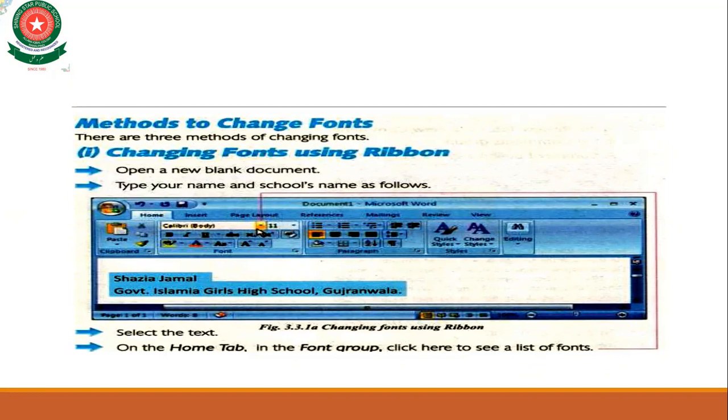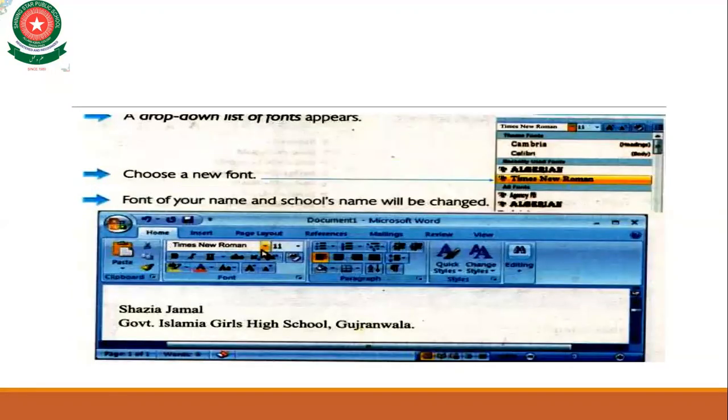First of all, you have to write something, then select the text, and then on the Home tab in the Font group, click here to see a list of fonts. A drop-down list of fonts appears. Now choose a new font. The font of your name and school's name will be changed.